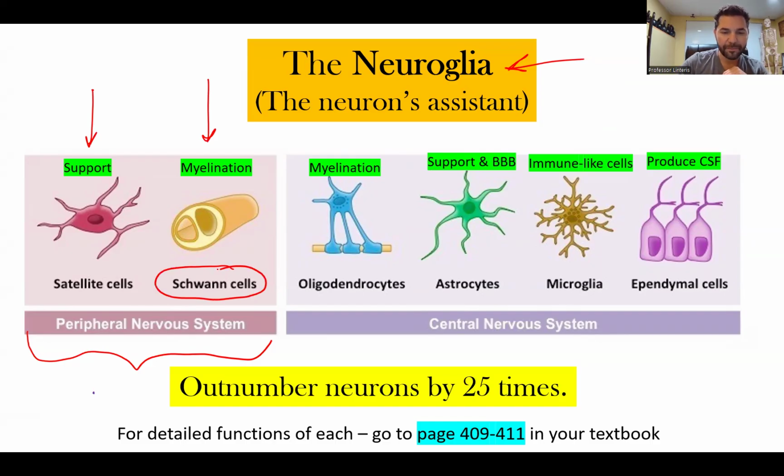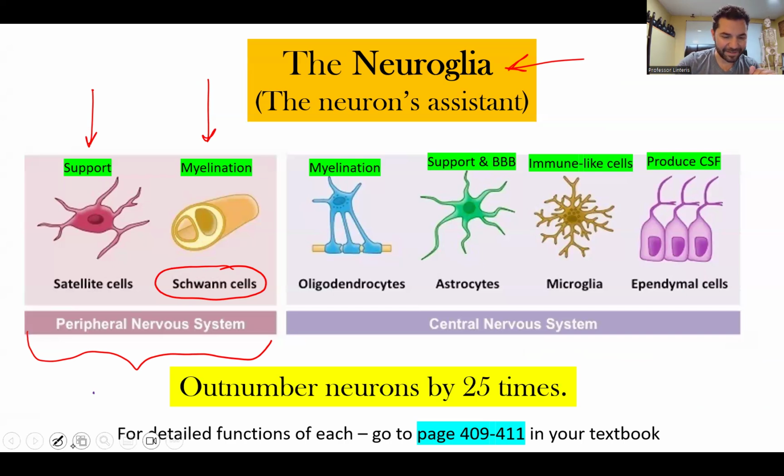Schwann cells make myelin, and I'll show you what that does later. Basically, simply put, it speeds up an action potential, right? It's like this coat that's around the axon of the neuron, and it makes the messages go faster. But in the PNS, the Schwann cells produce myelin. There are also satellite cells that help provide support and things of that nature.